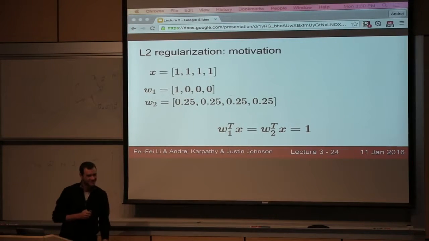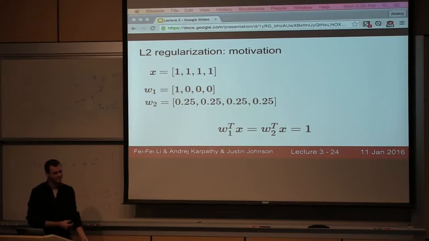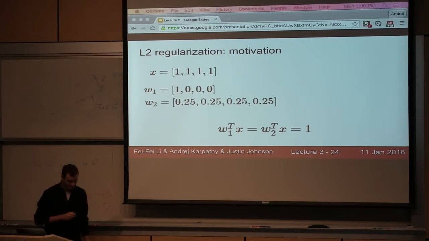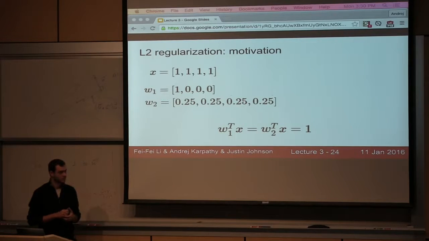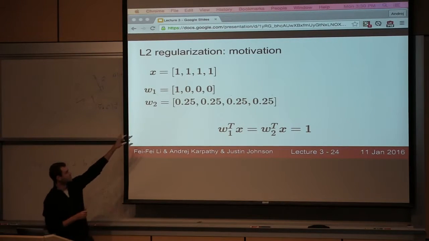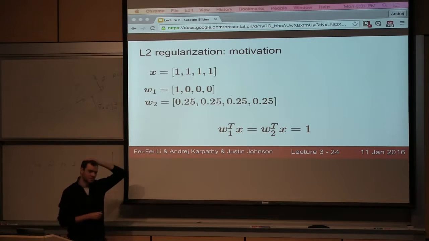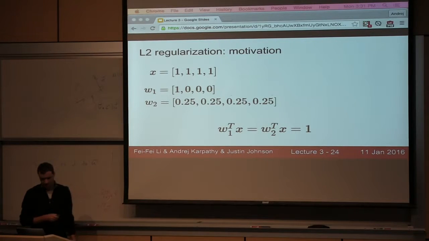Couldn't you say that an epsilon, 0, 0, 0, with epsilon being a really small number, would do the exact same thing as W1? So that vector would do the exact same thing, but would also have much smaller regularization. So you want to consider a different W that looks slightly different from these two? I'm just saying, the previous question was, isn't it good that we're ignoring some values?